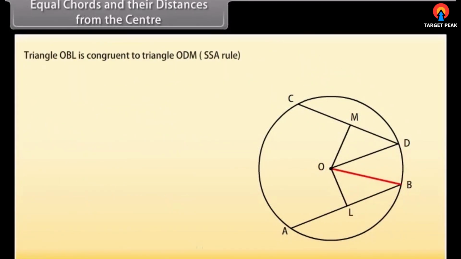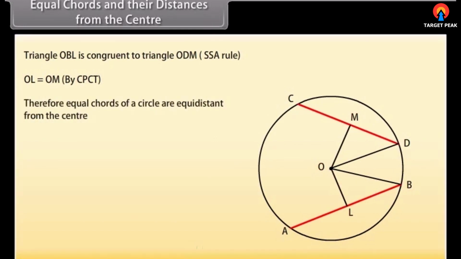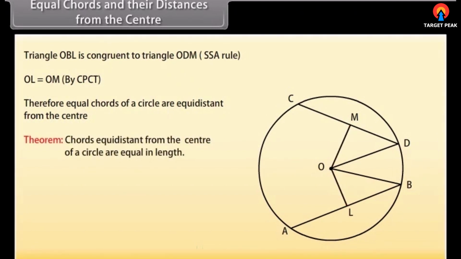Therefore, by SAS congruence rule, triangle OBL is congruent to triangle ODM. This implies that OL is equal to OM by CPCT. Therefore, equal chords of a circle are equidistant from the center. The converse of this theorem says that chords equidistant from the center of a circle are equal in length.